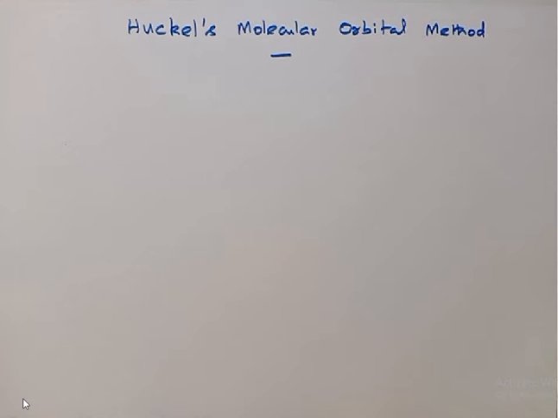In the first lecture, I am going to give some introductory idea about the semi-empirical methods and what is the purpose of this Huckel method. Then we'll discuss the detailed description of Huckel molecular orbital theory in the forthcoming lectures. Let's start our discussion.